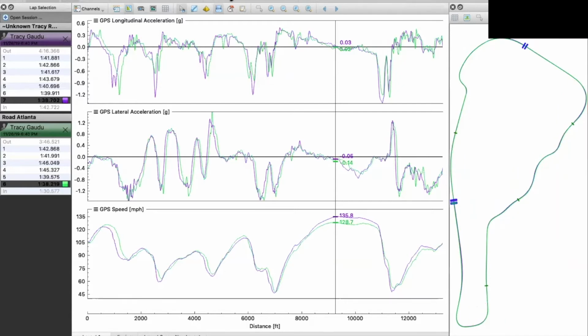So let's get started here. I'm going to reiterate some things right here, and that's this. You can see that of these G's for this longitudinal channel, there's the 0 line, with above the line being positive and below the line being negative.